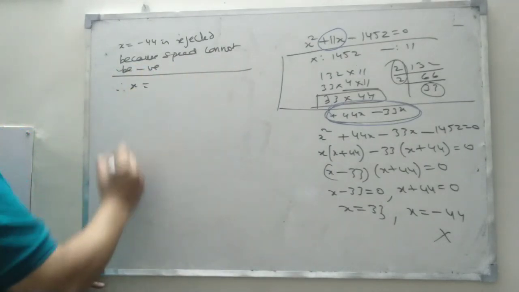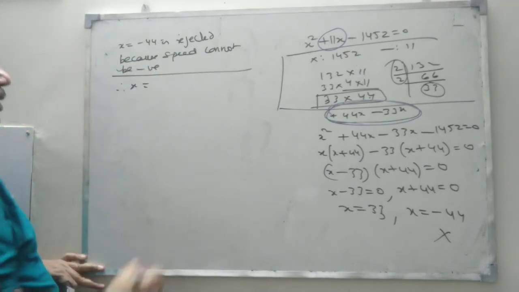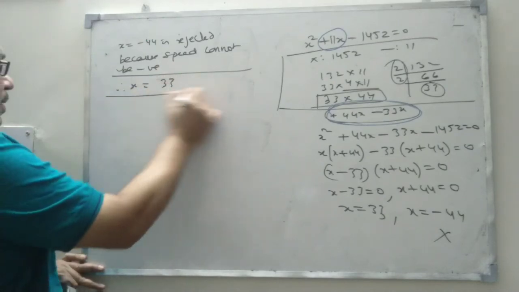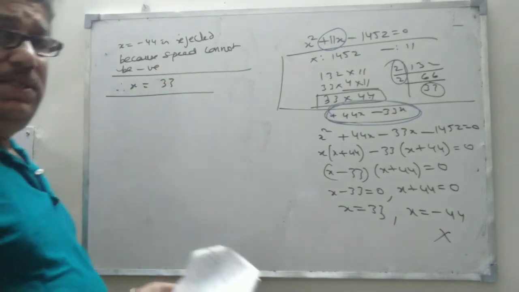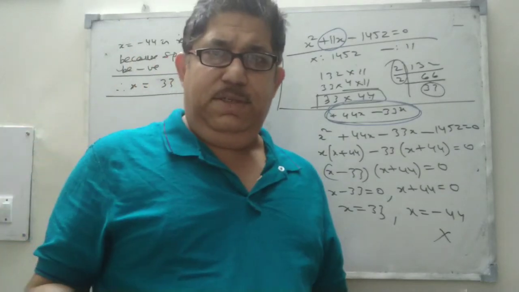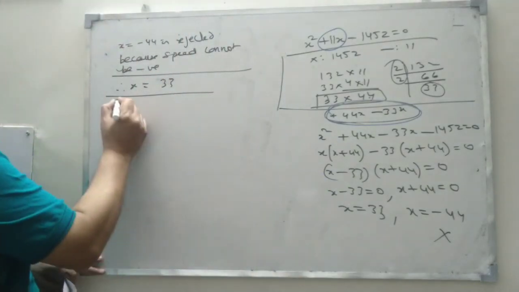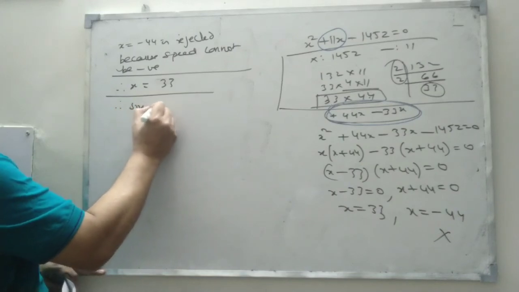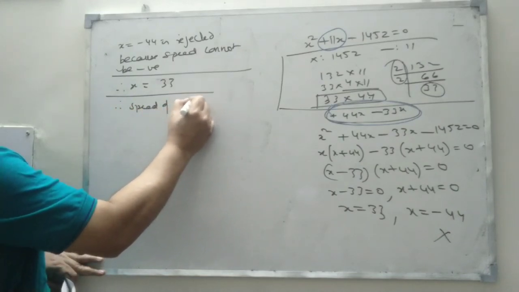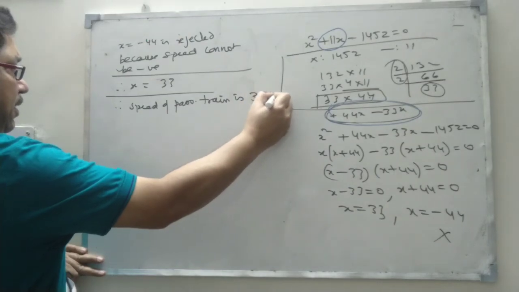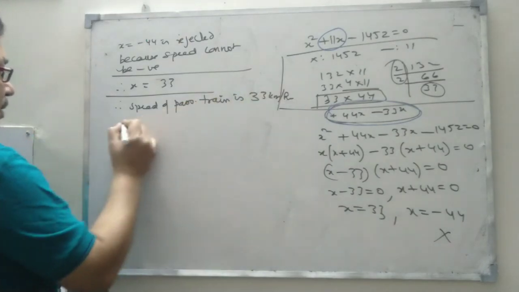Therefore we have x equal to 33. What was x? x was the speed of the train. Speed of which train? Speed of the passenger train. Therefore, speed of the passenger train is 33 kilometer per hour.